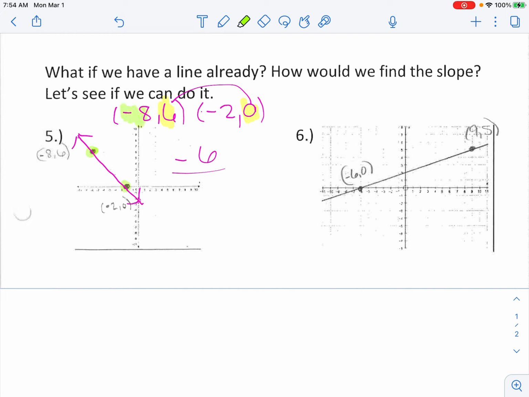And then I'm going to look at my x coordinates. To get from -8 to -2 is a change of +6. So -6 divided by 6 is -1. So the slope of your line would be -1.